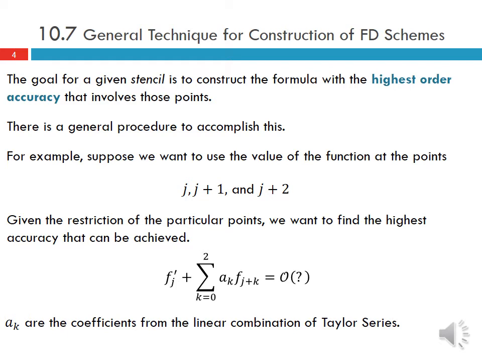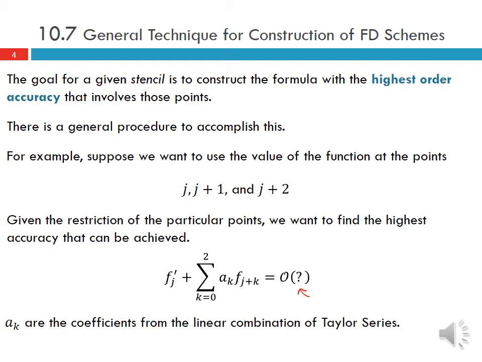So the derivative of fj plus the sum of ak fj plus k from k going from 0 to 2 gives us some order of accuracy. And we've left this as a question mark for now because we want to find the highest order that is possible. And here these ak are the coefficients from linear combinations of the Taylor series.